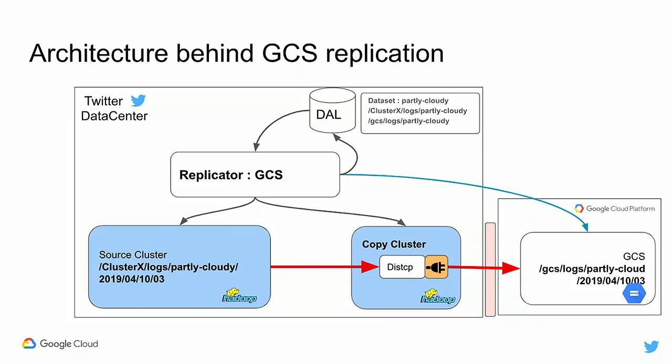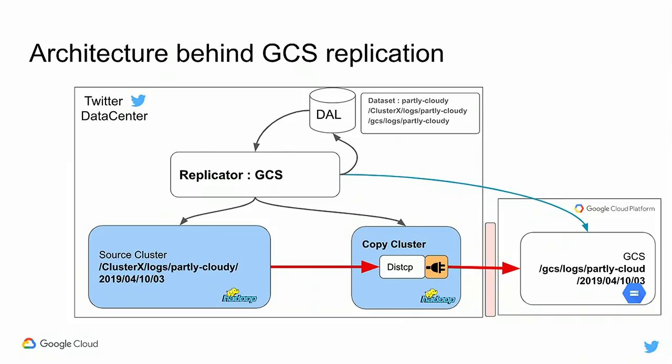So any data which gets written to /GCS is transparently redirected to Google Cloud Storage buckets. When you are replicating an input data set from a cluster X to a destination /GCS, the DistCp job is transferring the data from the source cluster and, using the cloud storage connector, writing the data directly to buckets on GCS, right?